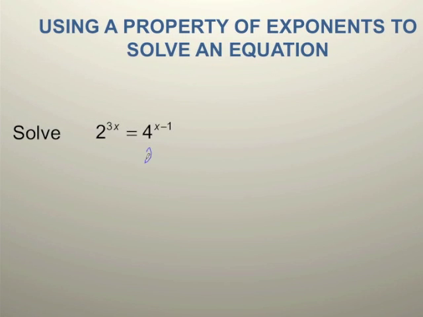We'll make this 2 squared raised to the x minus 1 equals 2 to the 3x. So 2 to the 3x equals 2 to the 2x minus 2, or 3x equals 2x minus 2, x equals negative 2.